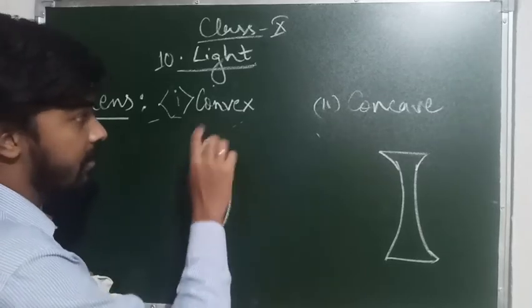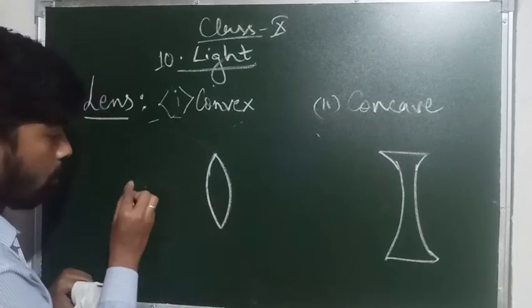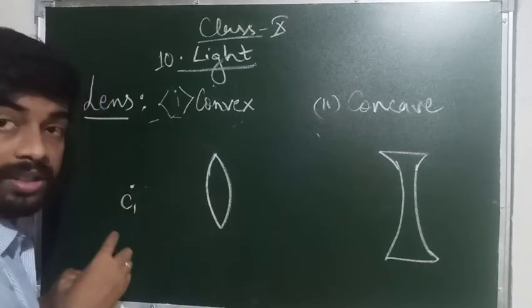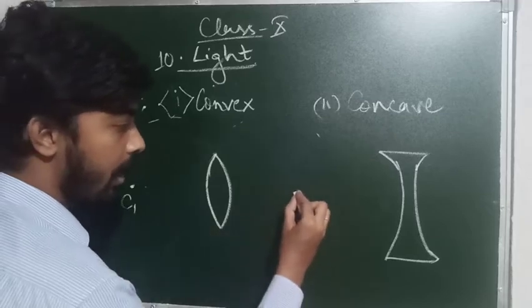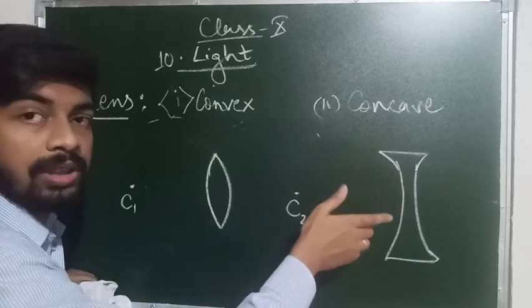So these lenses have two centers of curvature: one on this side, center of curvature number 1, and one on the other side, center of curvature number 2. The same thing happens with the concave lens also.